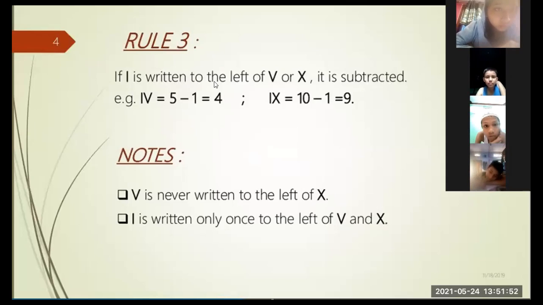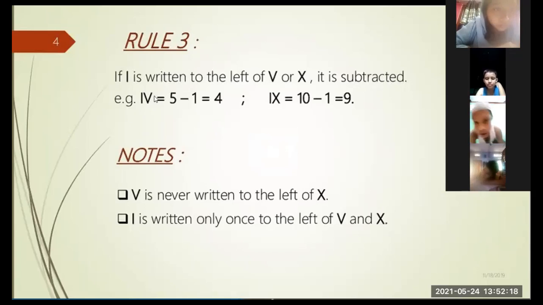And here, if I, which means 1, is written to the left of V, which means 5, or X, which means 10, it is subtracted. Now it is the opposite. Earlier we got addition, now it is subtraction, correct?